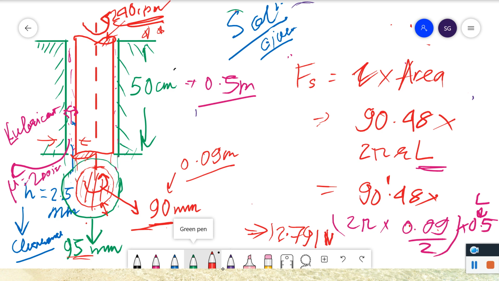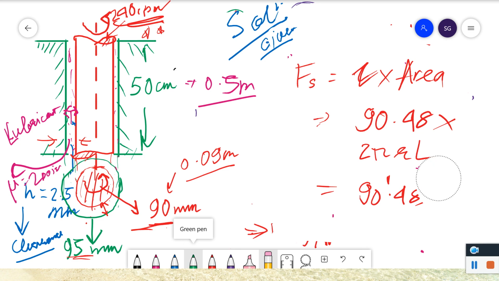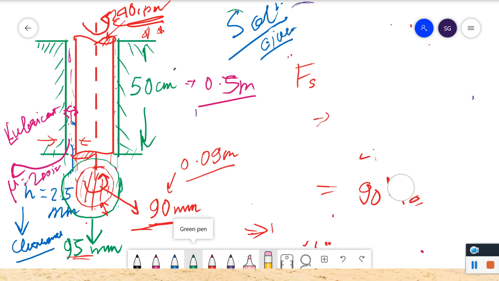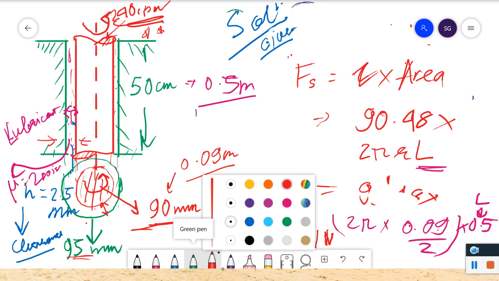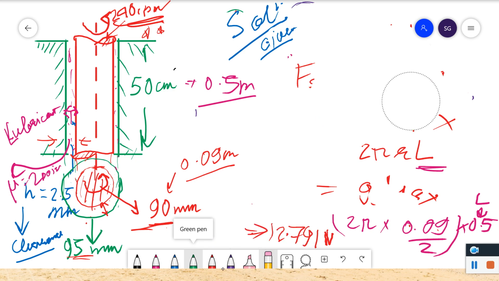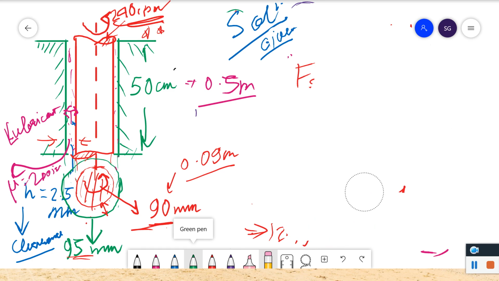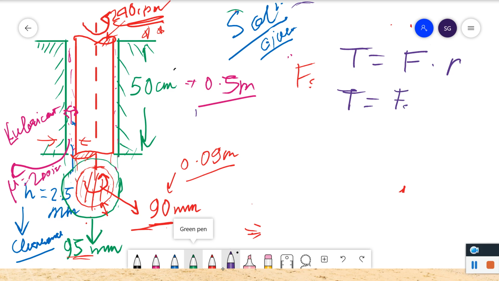Okay, now we have to find out the torque. Basically, torque is F dot R, and here F is F shear, which we have calculated previously, that is 12.791, into R, that is 0.09 upon 2.